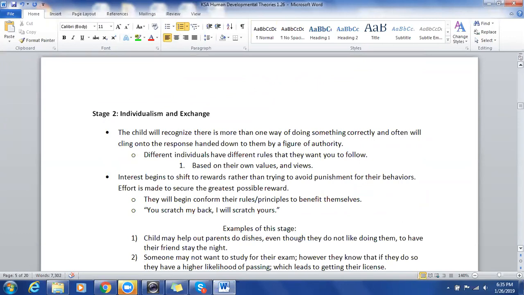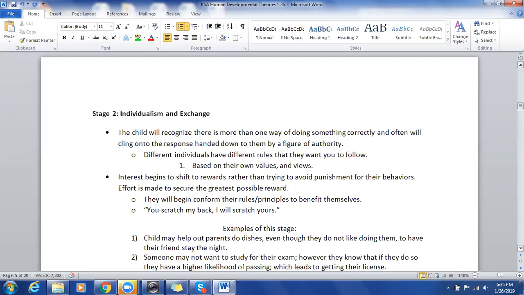Different individuals have different rules that they want you to follow, meaning my grandma's house is going to be different than my aunt's house, and way different than my parents' house. So I have to know my environment and be able to adapt to it. No one has a set rule, and it's all based on their own experience, values, and views on what is appropriate.